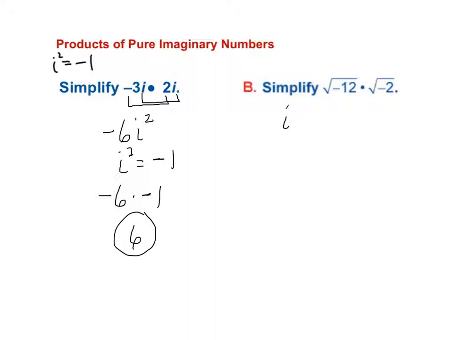To simplify anything under the radical, remember that you do the i part first. So this would be i square root of 12 times i square root of 2. That would be i squared on the outside.